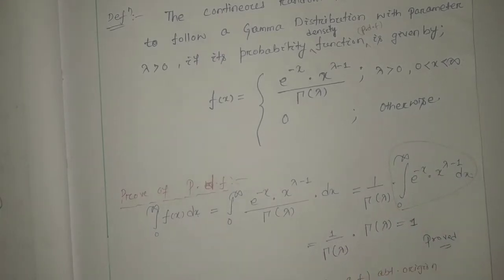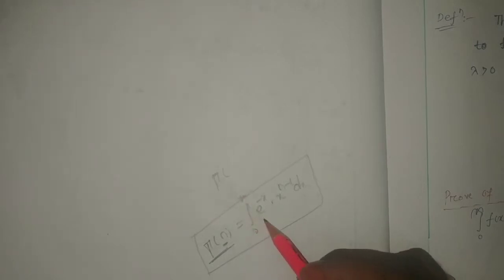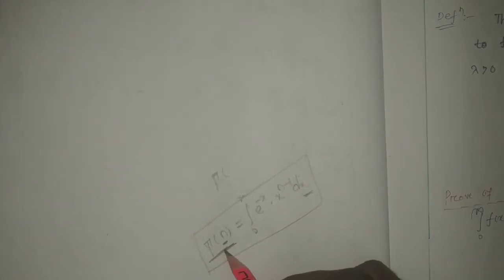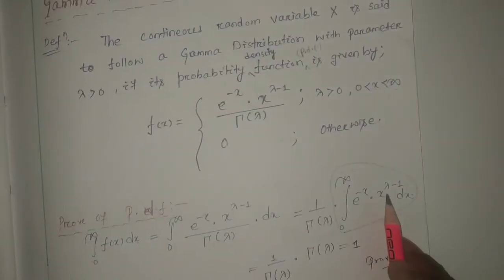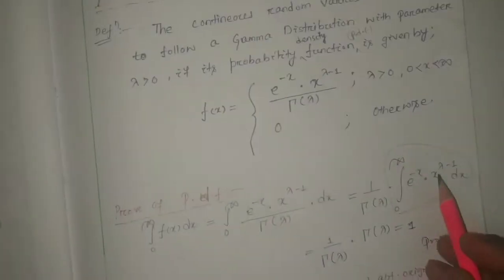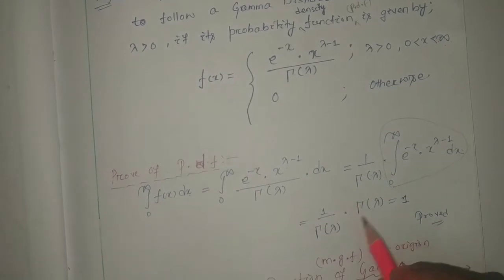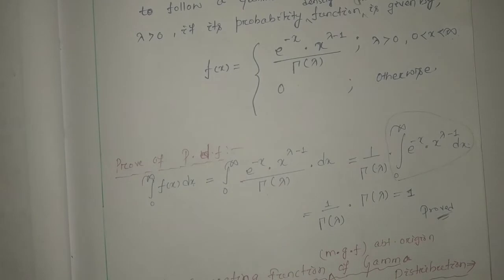Recall that in our previous class I told you that the integral from 0 to infinity of e to the minus x, x to the power n minus 1 dx is called gamma n. Here, in this integral, lambda is there in place of n, so it is gamma lambda. One gamma lambda is already in the denominator, so they cancel out. Hence it has been proved.